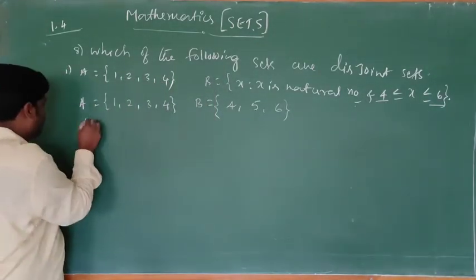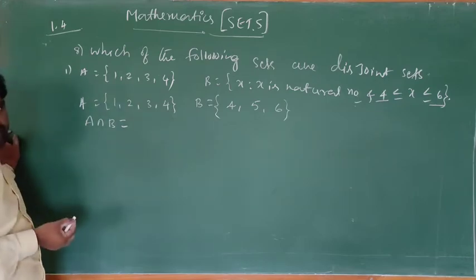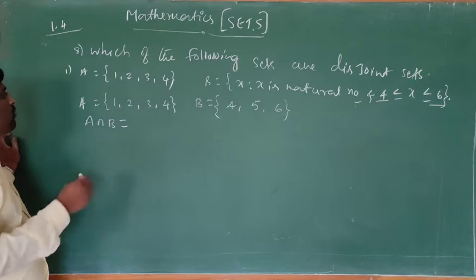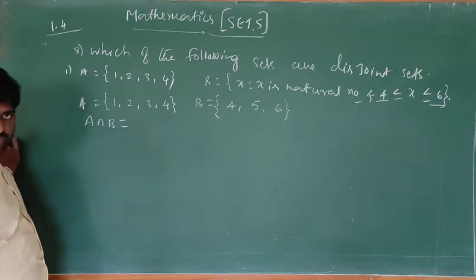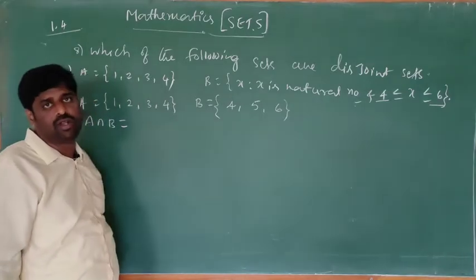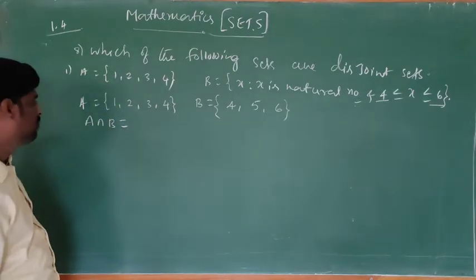Here we should take A intersection B. We should check A intersection B. If A intersection B is equal to null, those given sets are disjoint. Suppose A intersection B is not equal to null, the given sets are intersecting sets.